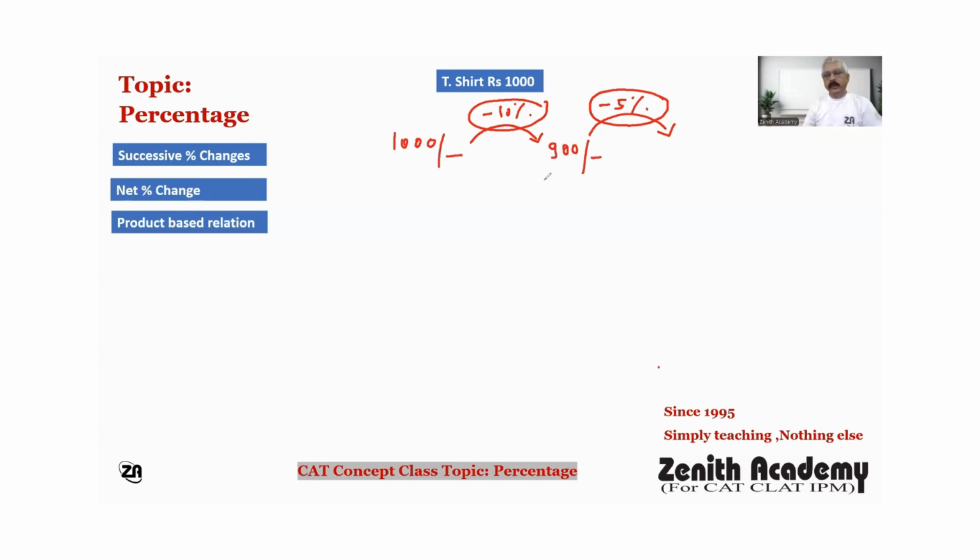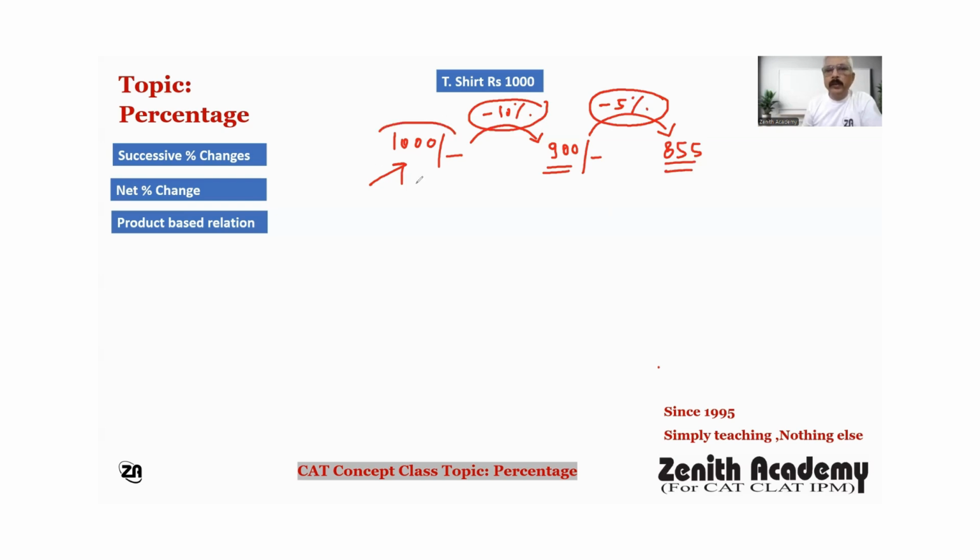What is the net percentage change? But before it, first the rupees 1,000 t-shirt after a 10% discount becomes 900 rupees. And now 5%, so 900, 10% is 90, 5% is 45. So it is 855. Correct.